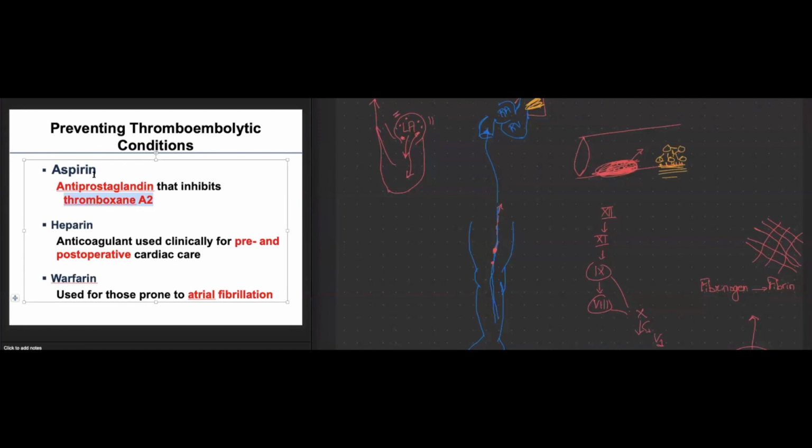So here, aspirin acts as an anti-prostaglandin that inhibits the thromboxane A2, preventing the platelets from aggregating. If they didn't get attached to the collagen fibers, they didn't get attached to one another, they won't become activated.